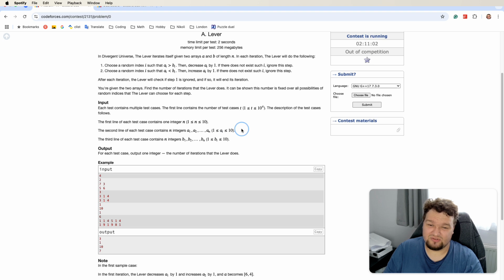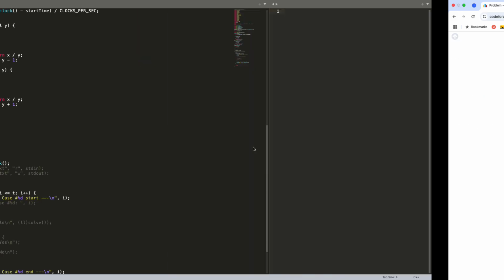And even if you do every iteration in linear time, it's still like n squared times the maximum number, and it is fine for 10,000 tests. But like, what is the point?